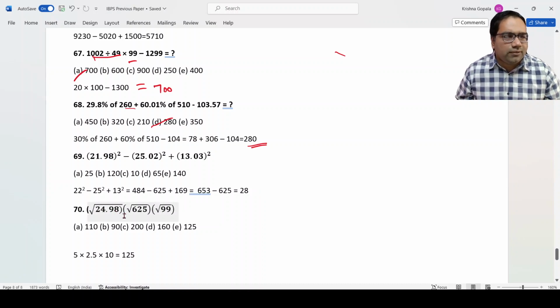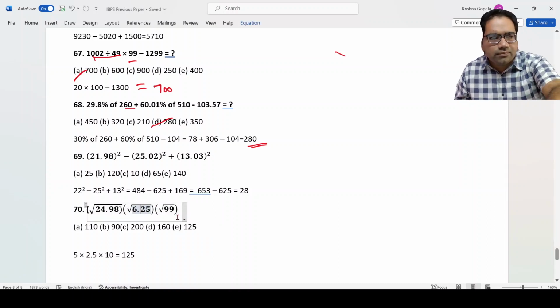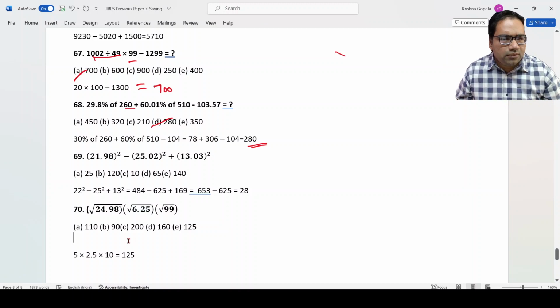Root of 25 into root of 6.25 into root of 100. This is 5 into 2.5 into 10.